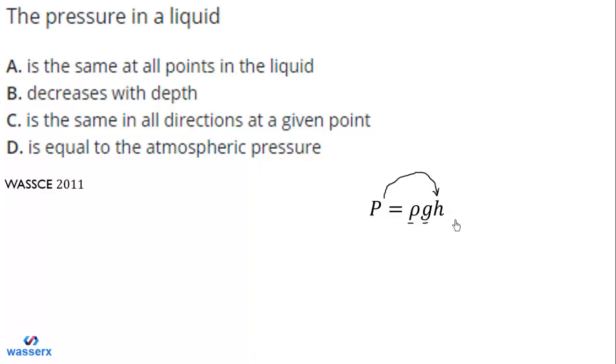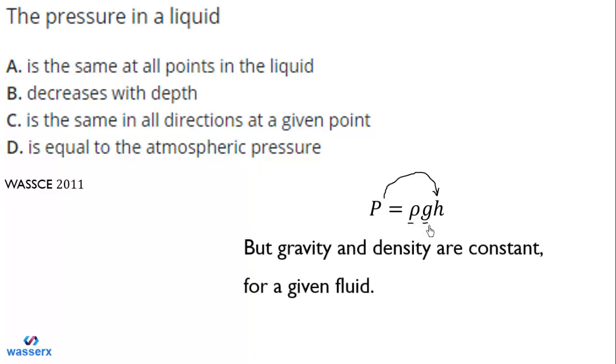So this is telling us that since the pressure depends directly on the height, for equal height at a given point in a particular fluid, the fluid will exert equal pressure.